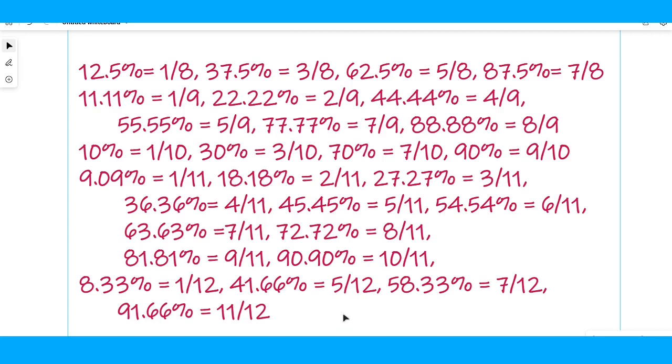Then 75%, which is 9 times of 8.33%, and that is 9 upon 12 or 3 upon 4, which we have already calculated. Then 83.33%, which is 10 upon 12 or 5 upon 6. 91.66% is 11 times of 8.33%. Hence it is 11 upon 12.